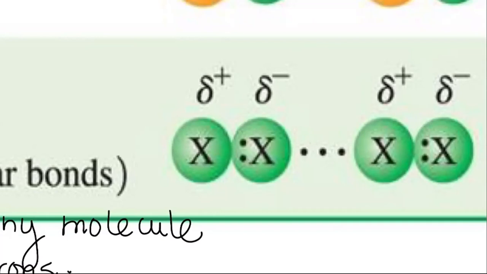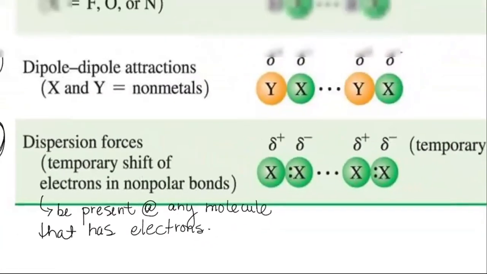Now, if you have molecules just interacting with one another, and they're all the same, at times, the creation of one temporary dipole induces a temporary dipole in their neighbor. So as you can see here, these are two molecules that have a temporary dipole.